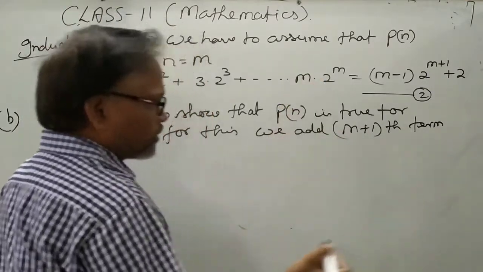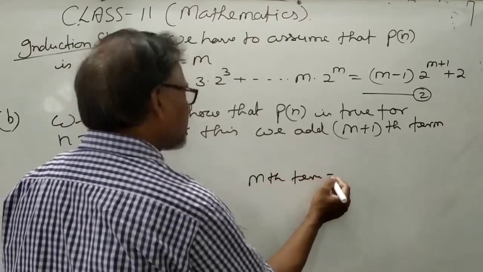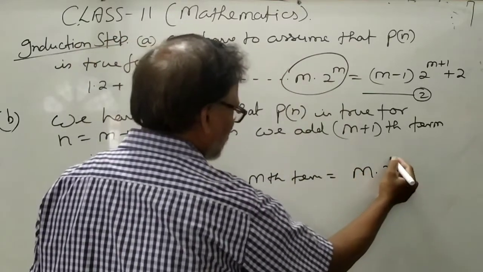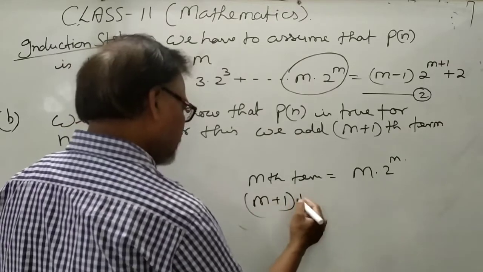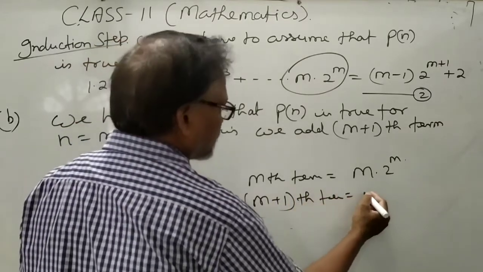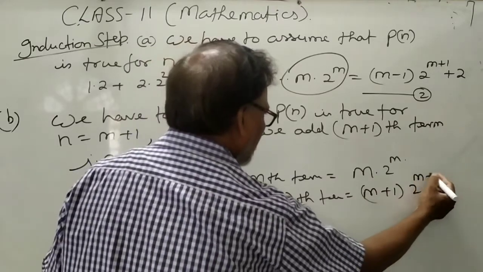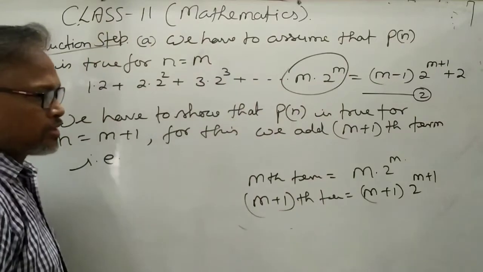As you know, the mth term is m·2 to the power m. And what will be the m plus 1th term? In place of m, put m plus 1. This you have to add to equation number 2 on both sides.